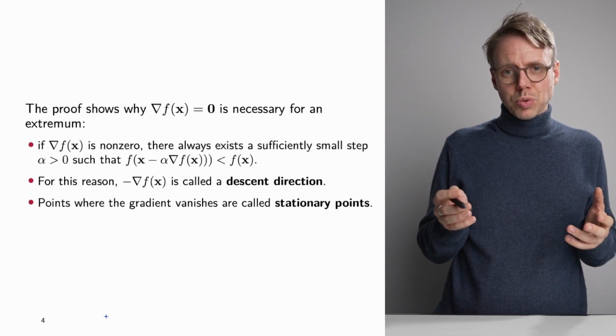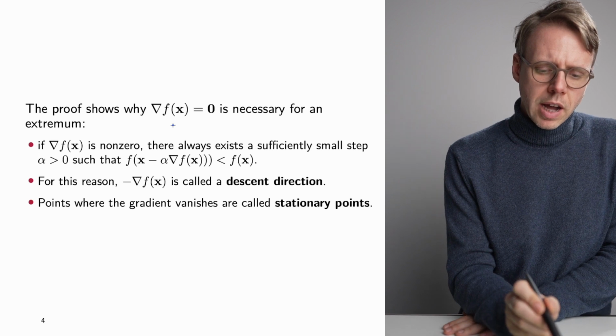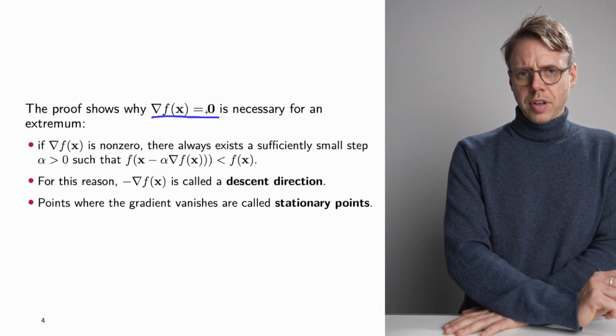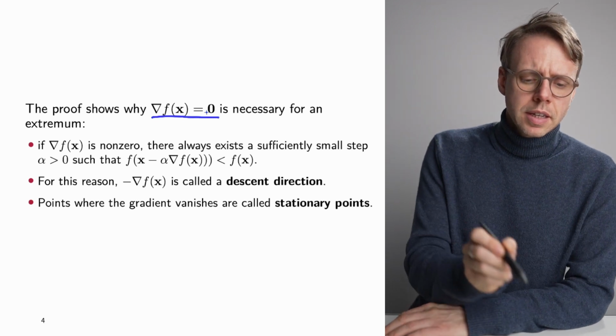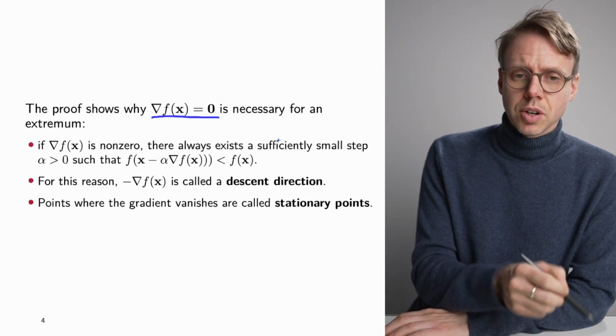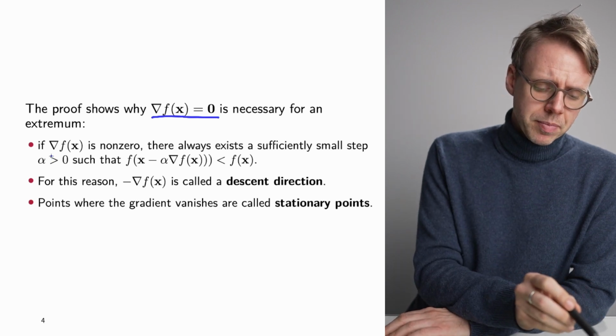So this proof shows very nicely why the gradient of f at an optimum needs to be 0. So it needs to vanish in order for x to be an optimum.